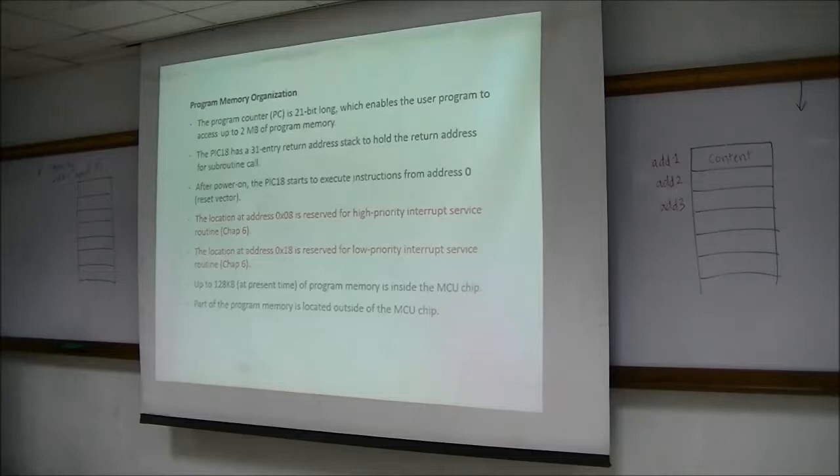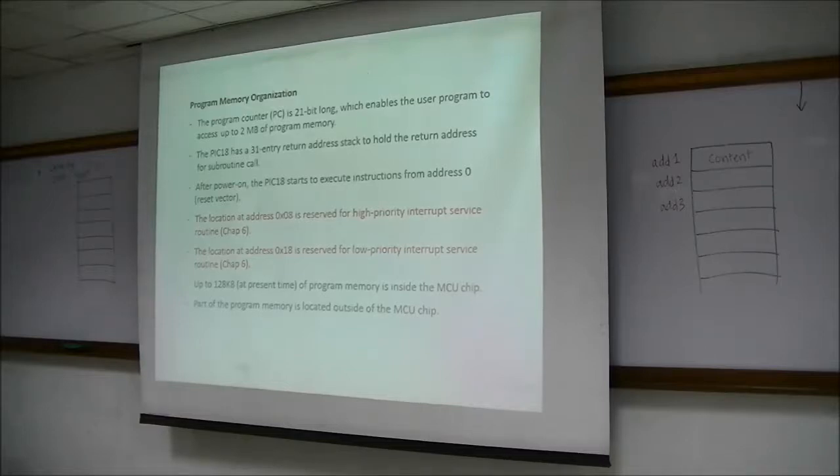Do you know the term byte? 1 byte is how many bits? 8 bits. 1 byte is 8 bits. Okay, take note of these few terms. 1 byte is equal to 8 bits. 1 word is actually 2 bytes or 16 bits. 1 nibble, N-I-B-B-L-E, nibble is 4 bits.